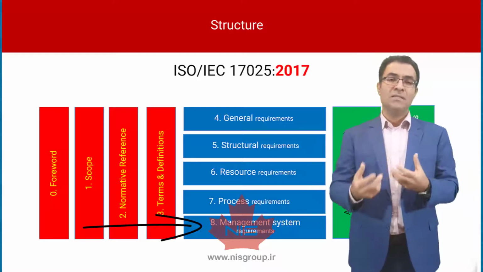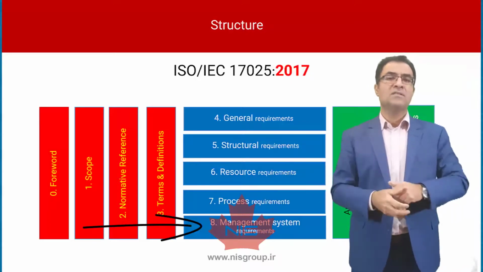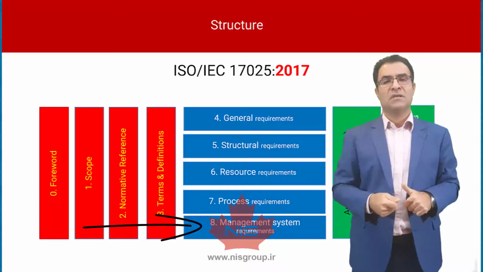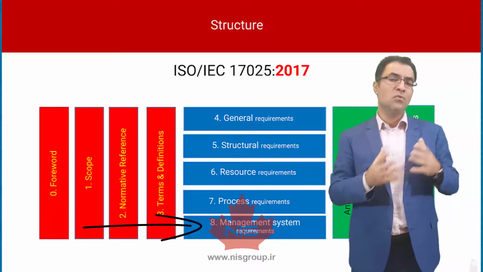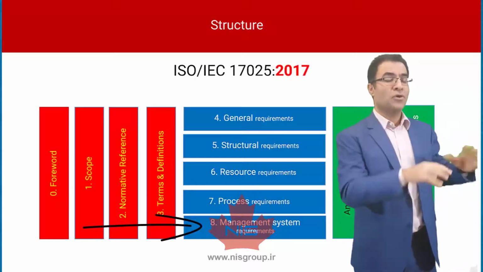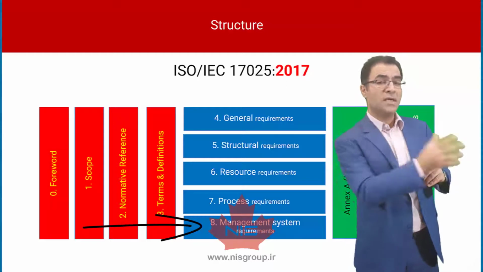Anyway, the ISO IEC 17025 leaves this decision to the lab to decide. Do you want to go for the big or the complete management system? Do you want to go for ISO 9001? Okay, go for it.